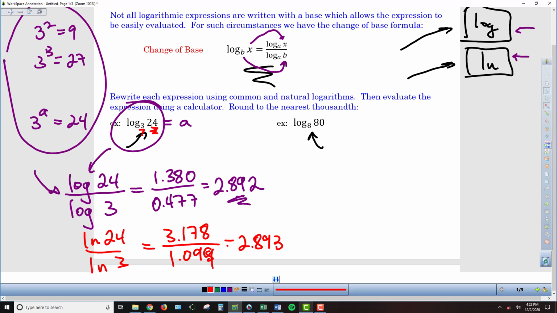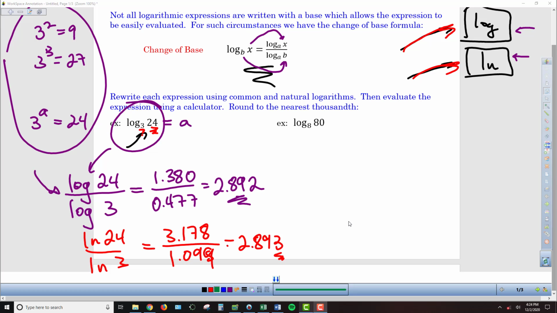It rounds off to 3. So we end up getting the same answer. Yes, we're off down here, but it's because of our rounding errors. We can see that it doesn't matter whether we use the common logarithms or the natural logarithms. We're going to get the same result using this change of base formula.